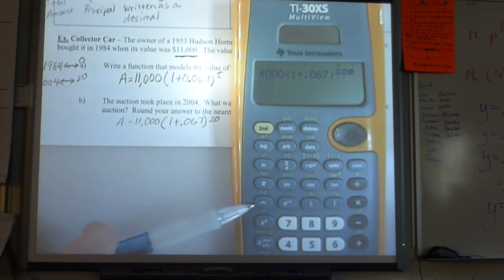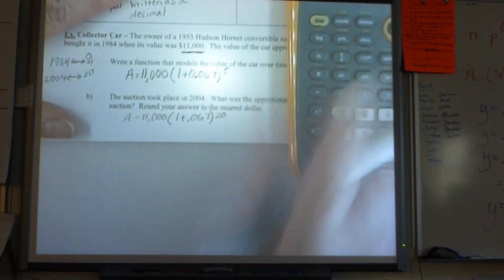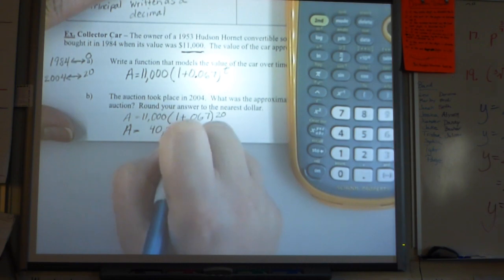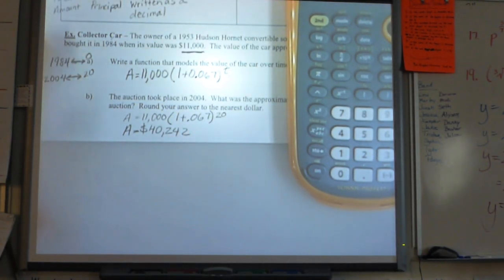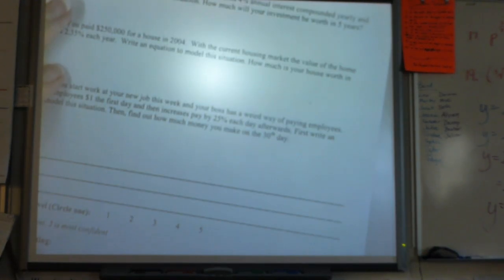Raised to the power of, and then your caret key right here, kitty corner from the 7, to get into the exponent. And how much will it be worth at the end of 20 years? Pretty nice, right? $40,242. So to the nearest dollar, that's $40,242. Pretty nice little investment, right? Not so sure that happens most of the time, but that's great that it happened in that case.